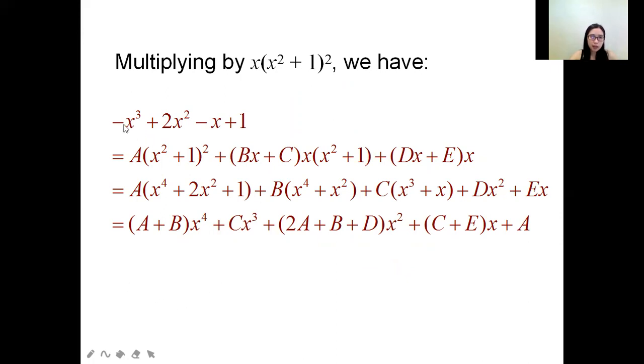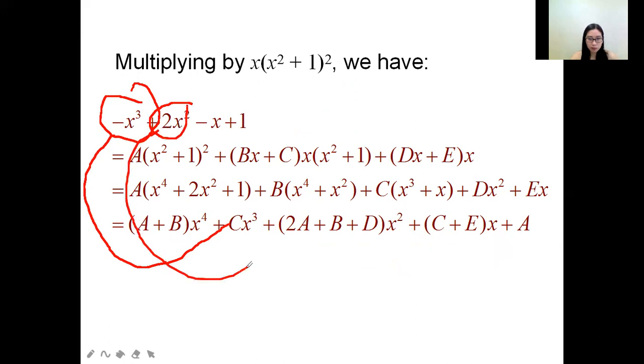Tapos kini pagtanaw nato, so unsa ning first na x cubed. So asa man iyang partner aning x cubed, so si C ra. Therefore, makabalo na ka nga ang value ni C is negative 1. Kini 2x squared, positive 2x squared, dari naman siya equate.